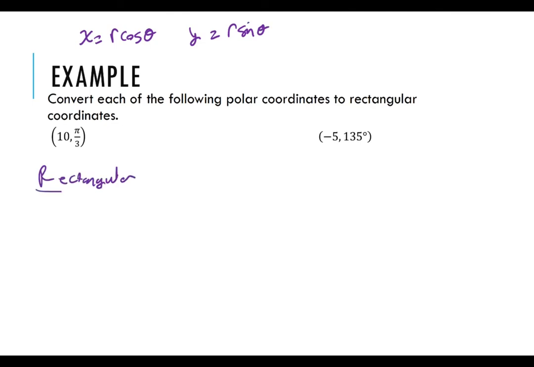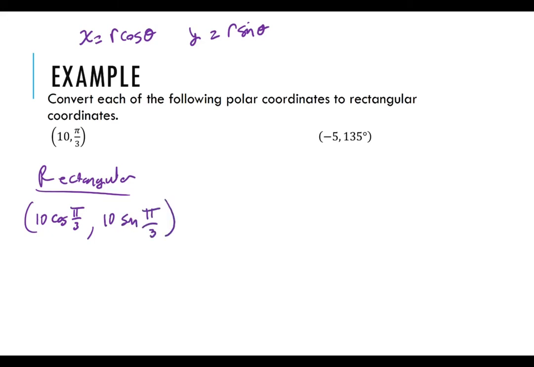And so our rectangular coordinates here are going to be, specifically, x will be r cosine theta, or 10 cosine of pi thirds. And then y is going to be 10 sine of pi thirds.